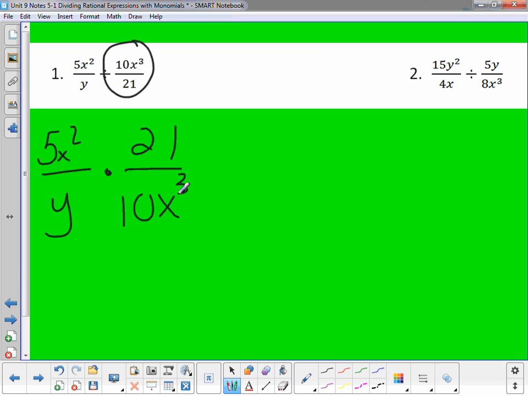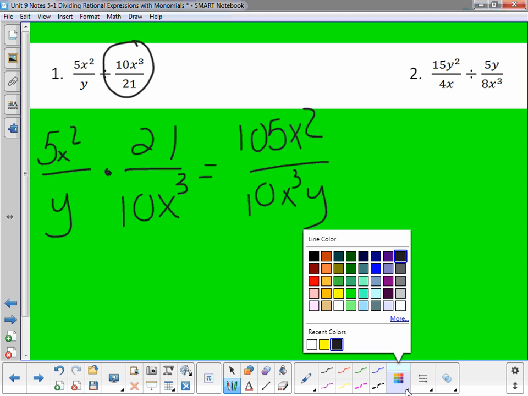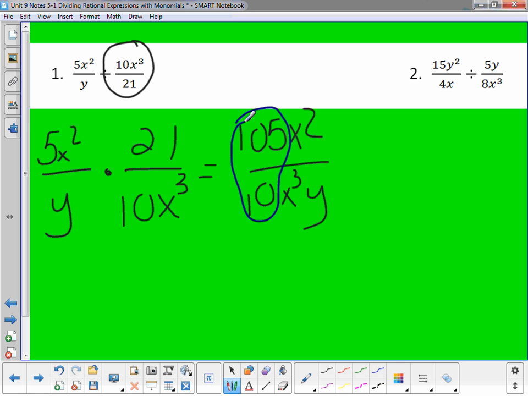Okay, so now I want to do some multiplying. First thing I want to do is 5 times 21, and that's going to give me 105 x squared, and then I have over 10x cubed y. So now I want to go about simplifying this just like I did on the previous note sheets. First thing I want to do is reduce this fraction.